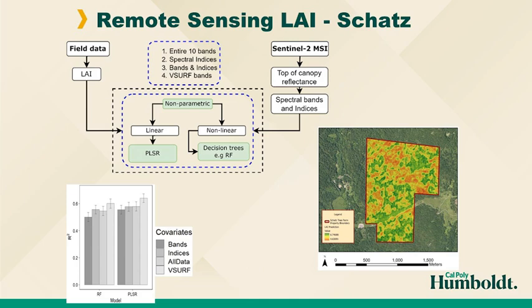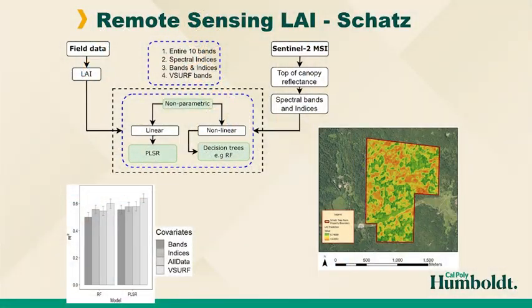Probably some of you have heard about what is called the normalized difference vegetation index, NDVI, and other spectral bands that we use. So we tried bands and indices, and then we also tried to identify a method in which we could minimize that data using a dimensional reduction method to identify which bands are important in estimating leaf area index.